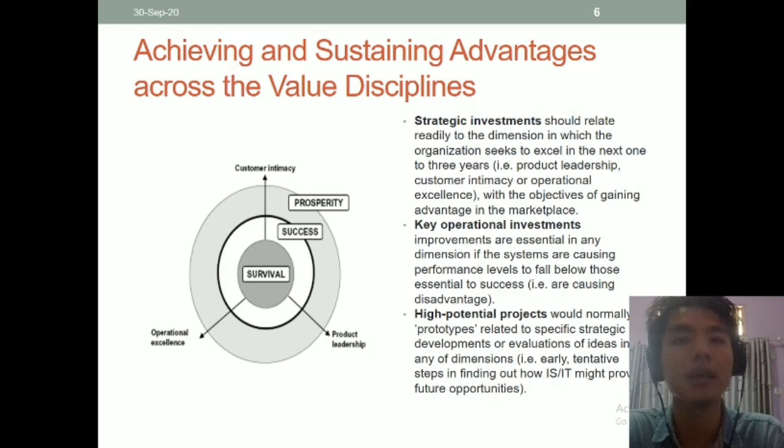Achieving and sustaining advantages across the value disciplines. Here we can see the chart, the graph, in the core is survival.